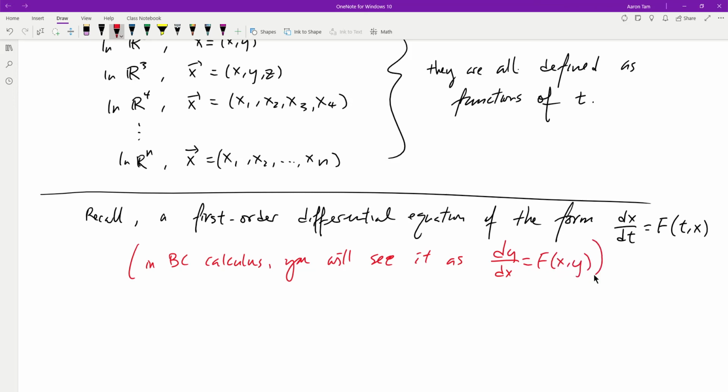But of course, the problem here is that I don't want to use x and y and dy over dx because, as I already established, we want to use t as our independent variable, the parameter. So therefore, I basically change the x to t and the y to x.